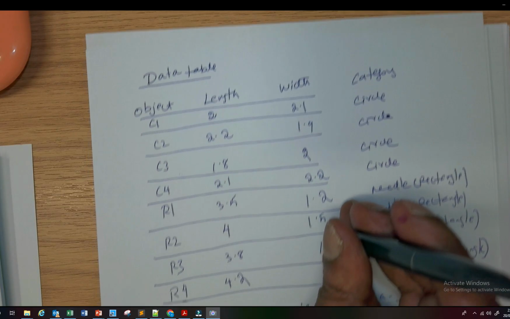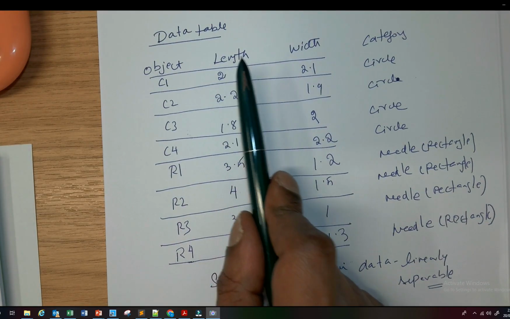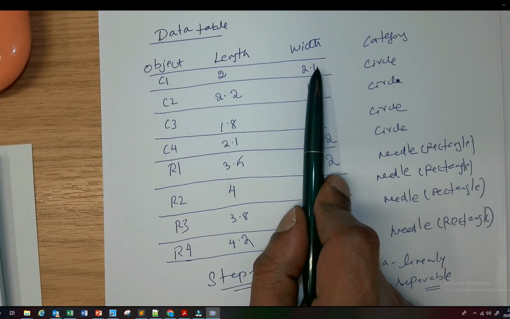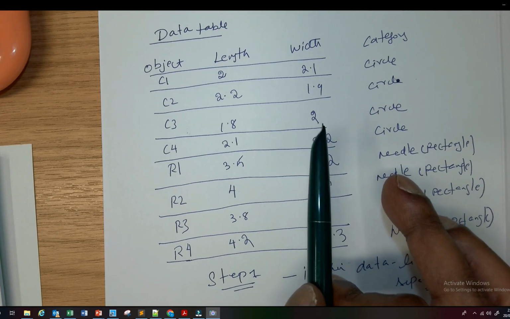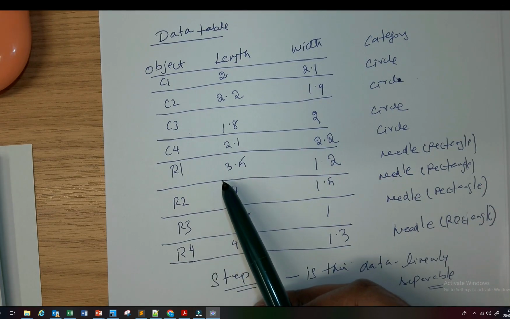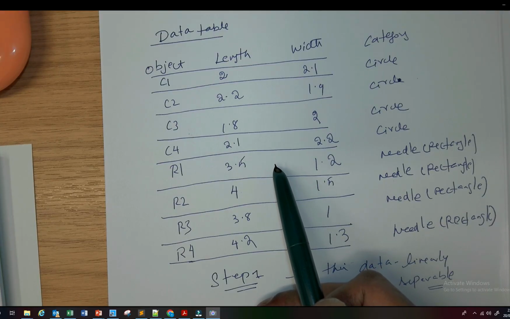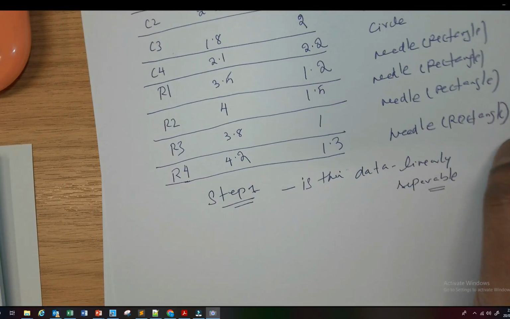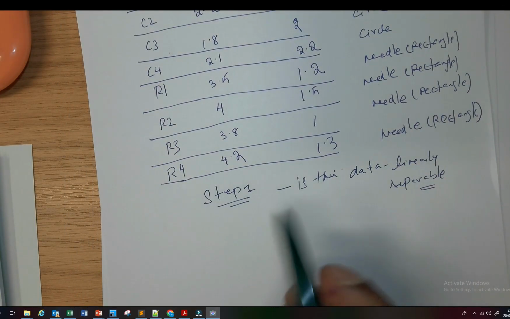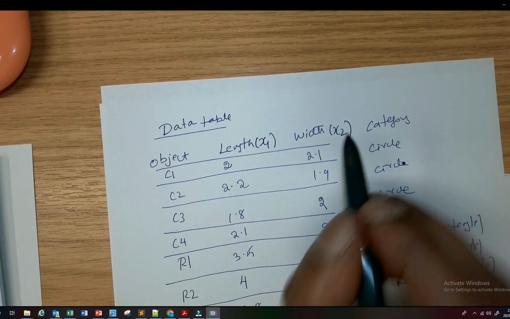One way is to take the difference between length and width. You try to find a mathematical quantity that can tell some story about whether the data is linearly separable or not, the existence of that hyperplane for this type of data. So how do you do that? Let's do this. For convenience, I'm going to call length x1 and width x2.